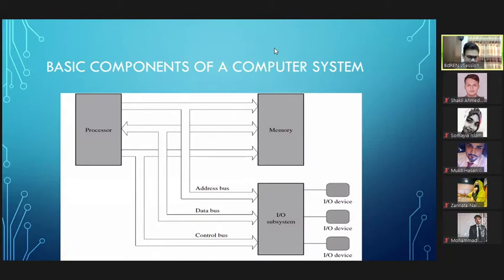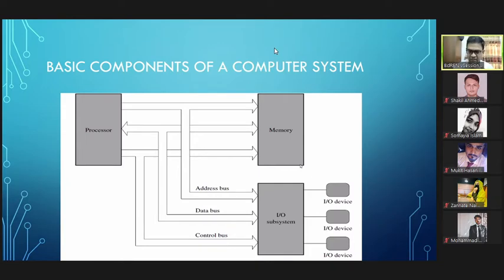For example, if you have an 8-bit width address bus, your maximum memory will be 2 to the power 8, which is 256 locations. That means if your address bus is 8 bits wide, you can send 8 bits at a time, and your maximum memory size will be 256.